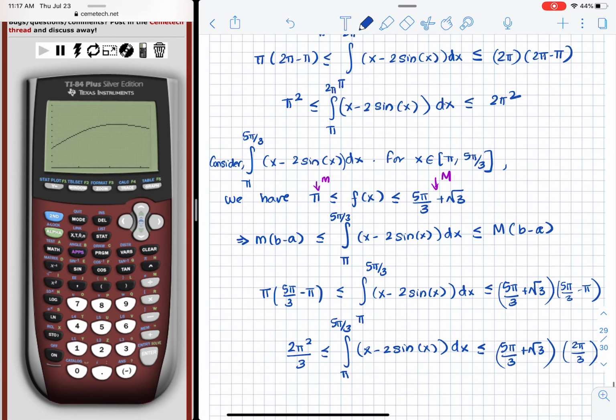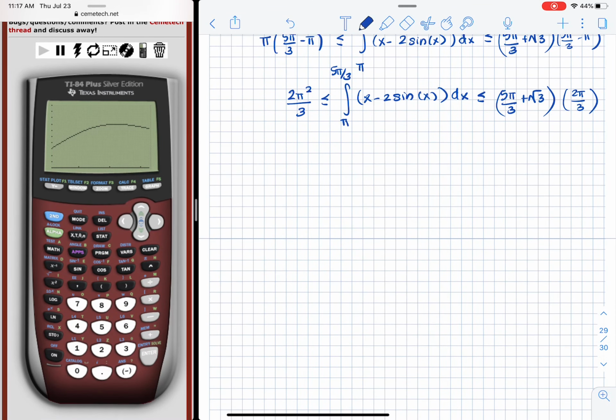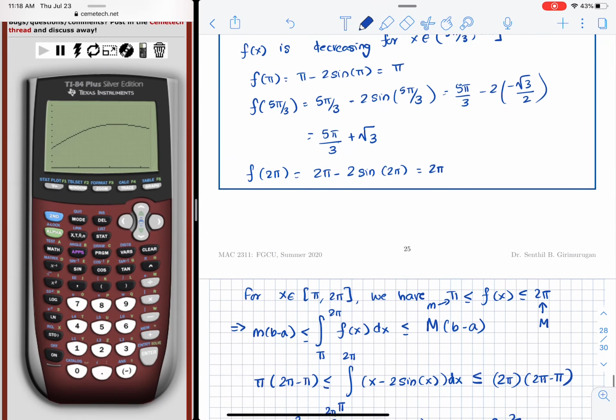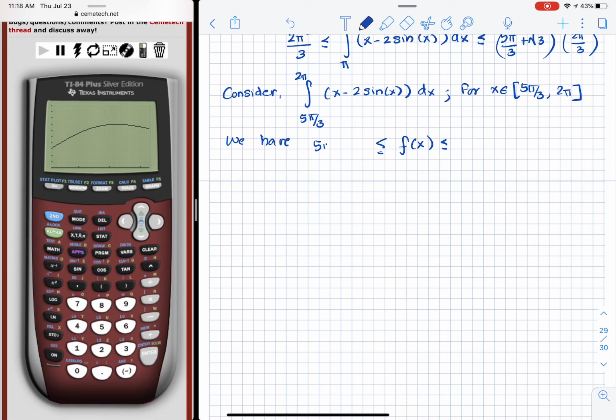Okay, so that's another limit. And the next integral that we have, 5 pi over 3 to 2 pi, and the function is decreasing here, so x minus 2 sine x dx, and for x in this interval, we have f of x to lie between 5 pi over 3 plus root 3 and 2 pi.